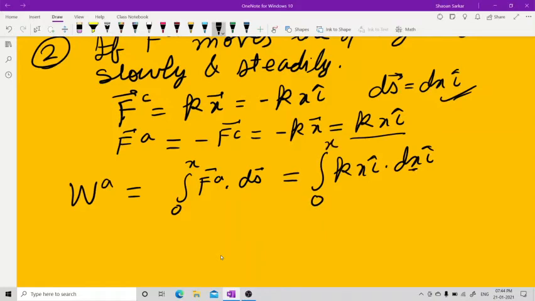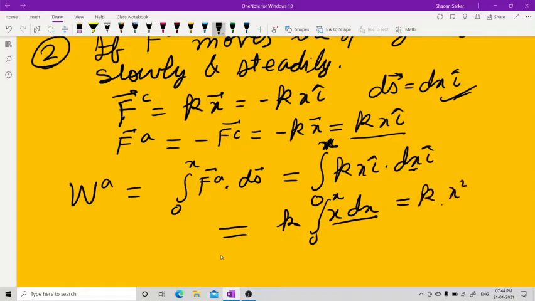This x is a variable x, and this is some value. So this is k, i dot i is 1, kx dx from 0 to x. So this integration is k x square by 2, with lower limit 0 and upper limit x. This comes out to be half k x square.